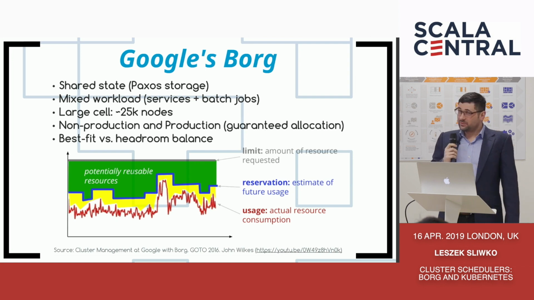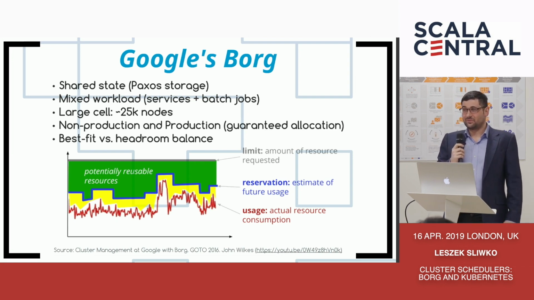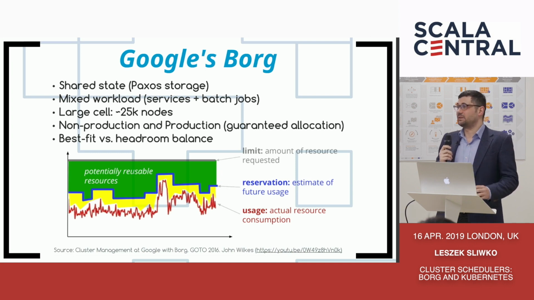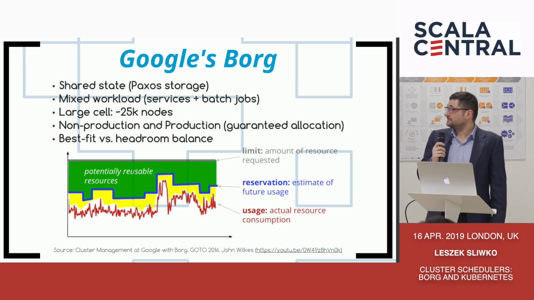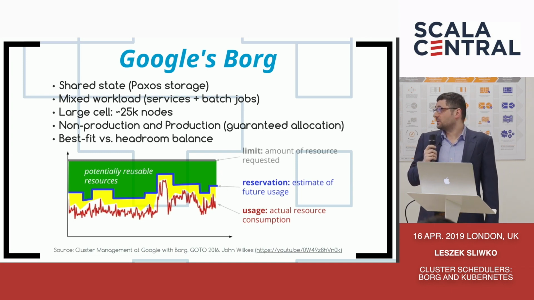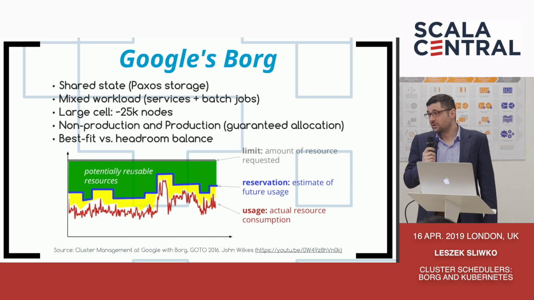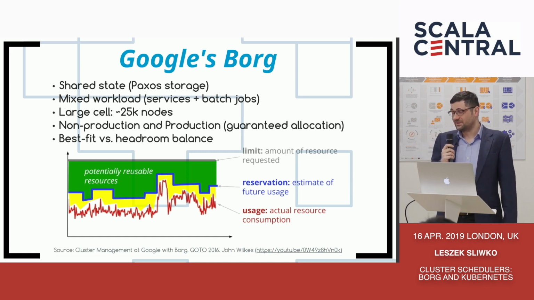All right, so what do we do with this unclaimed memory? We know that those applications have to be able to scale up to 8 gigabytes. However, most of the time they don't. And this is something that Google calls production and non-production jobs. Microsoft calls them production and opportunistic jobs. Some jobs, some applications need to run continuously.